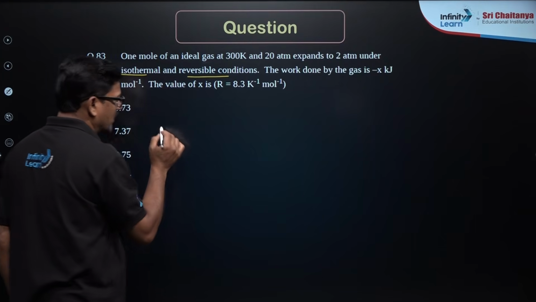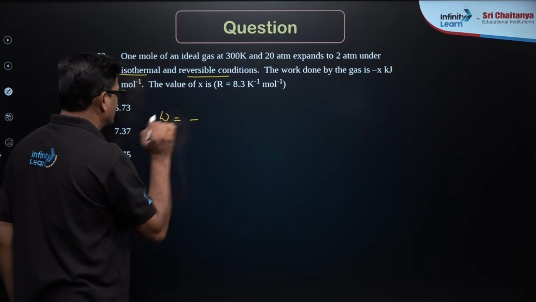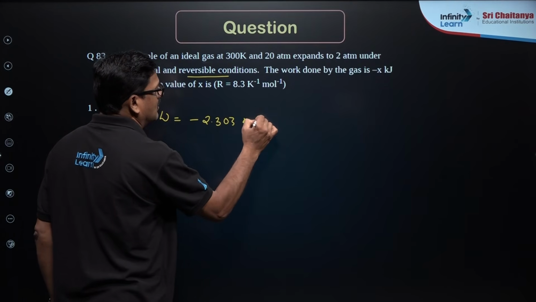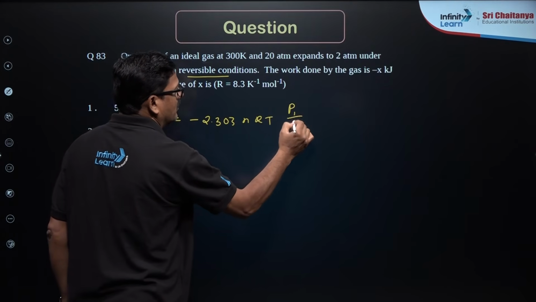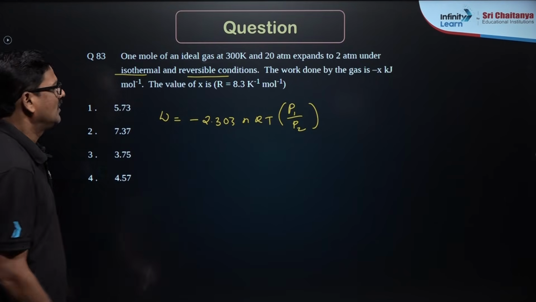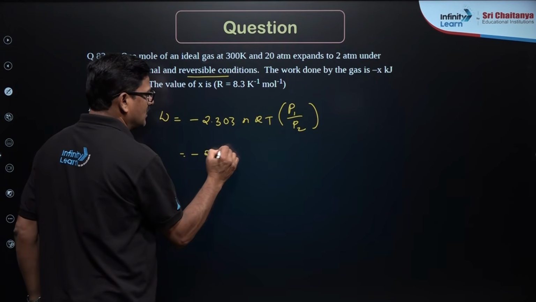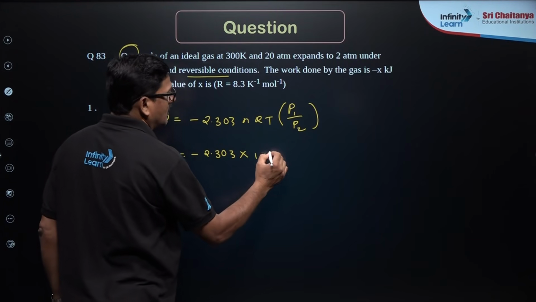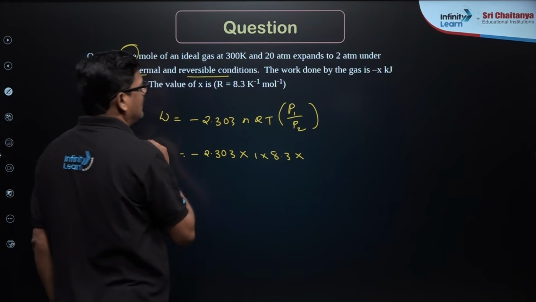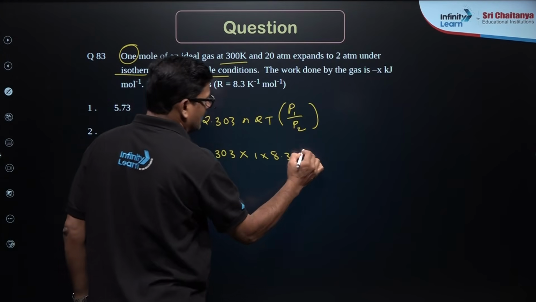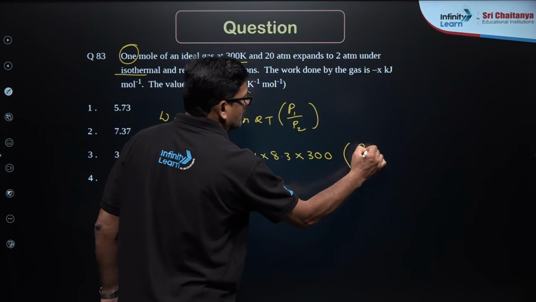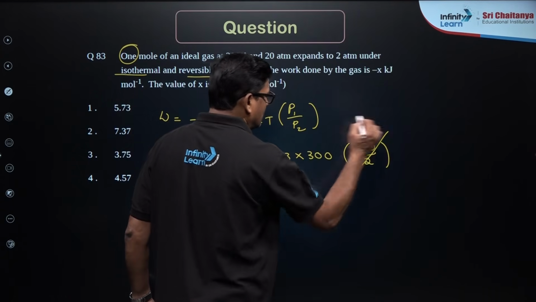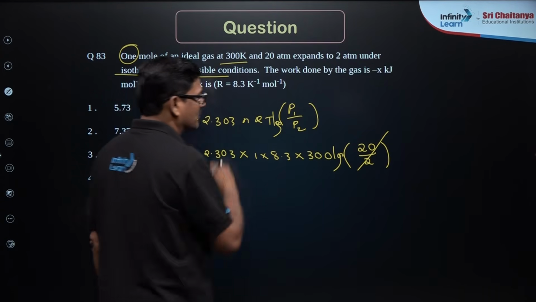Whenever isothermal reversible condition, work done in expansion is negative, and you can say here W equals minus 2.303 nRT log P1 upon P2. Here it has forgotten to write the log.